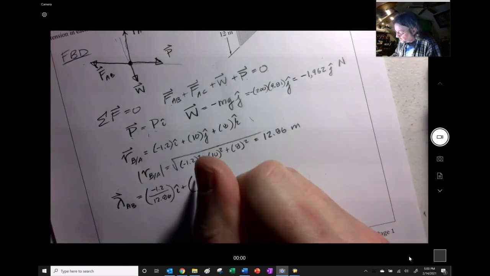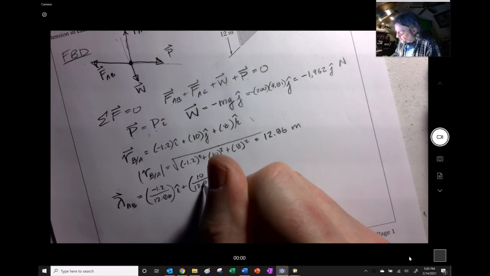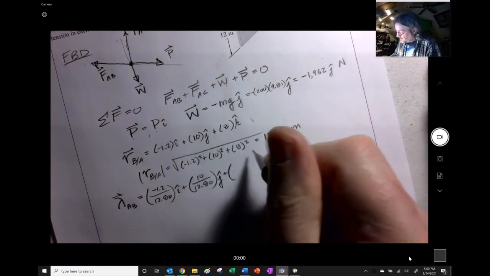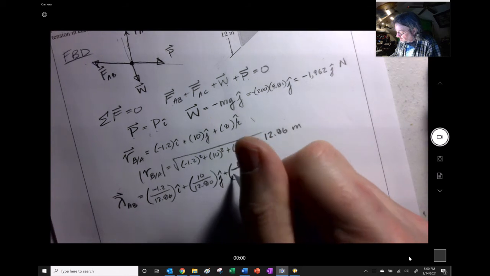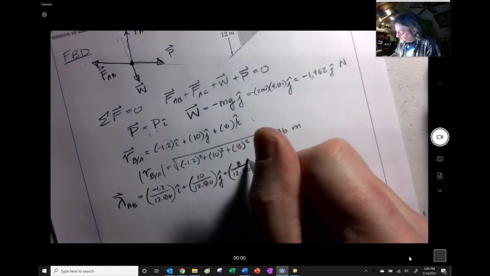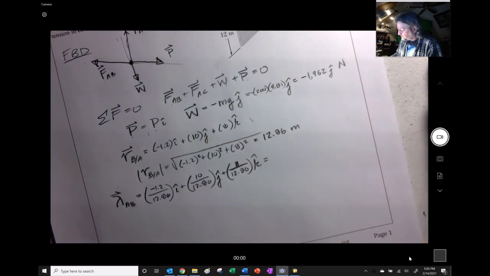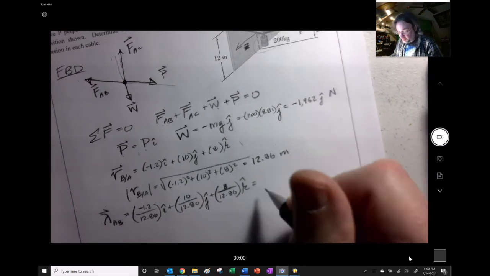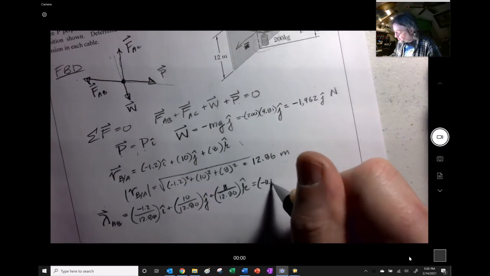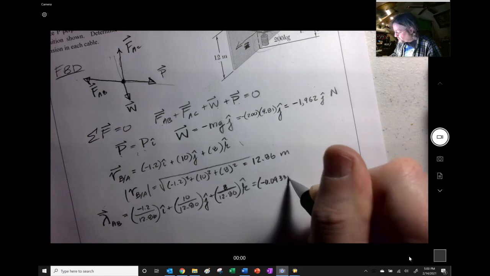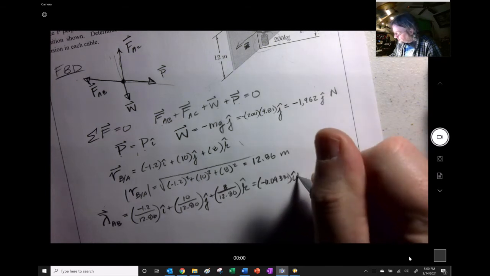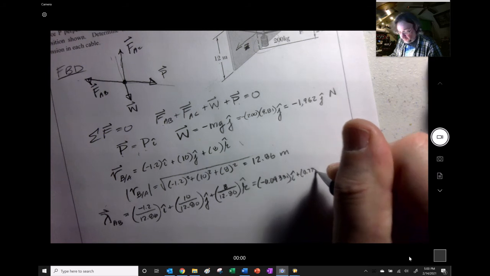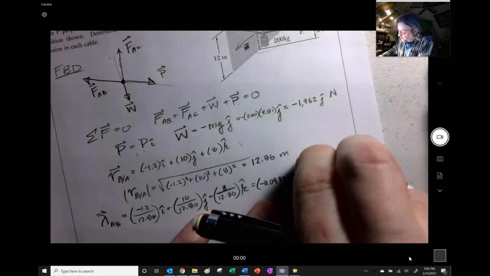Same thing here: 10 divided by 12.86 J, and then 8 divided by 12.86 K. Work all those out, and we get negative 0.09331 I plus 0.7775. There's three sevens in there.